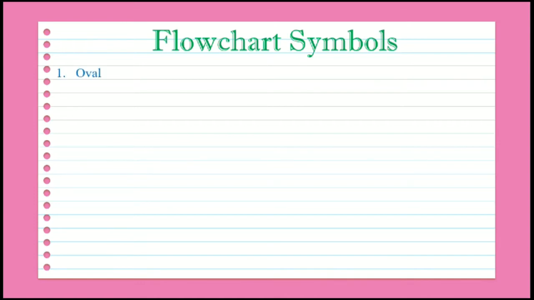So the first one is oval and it looks like this. It is used to indicate the starting and ending of the flowchart. So your flowchart starts with this symbol and also ends with this same symbol.